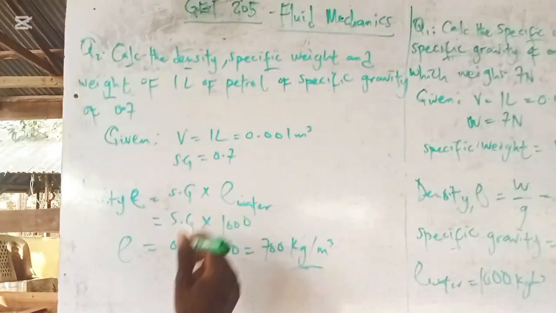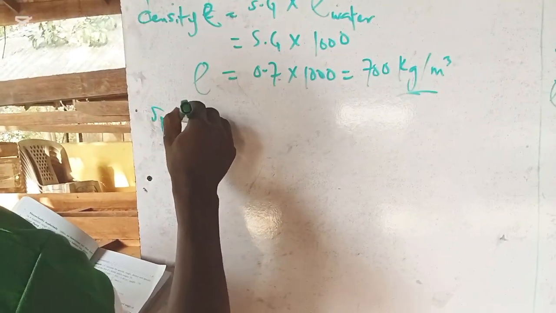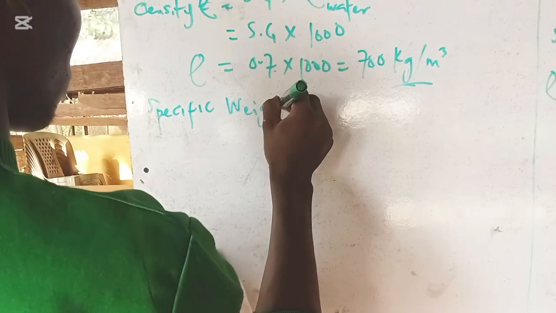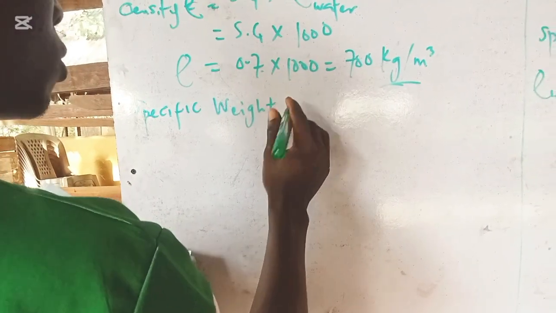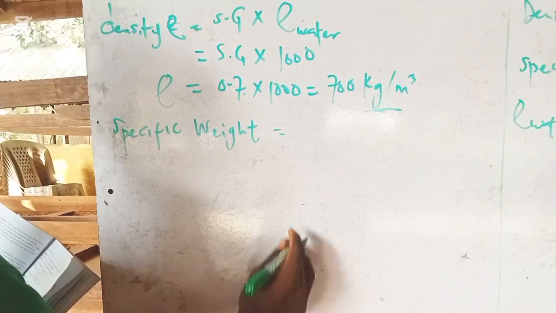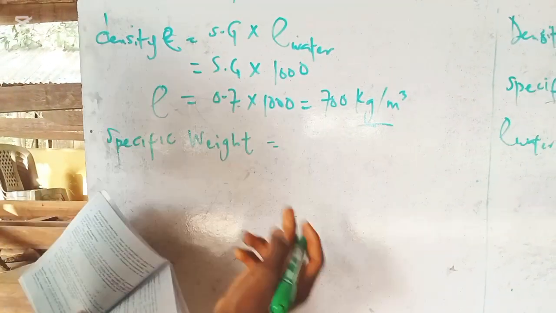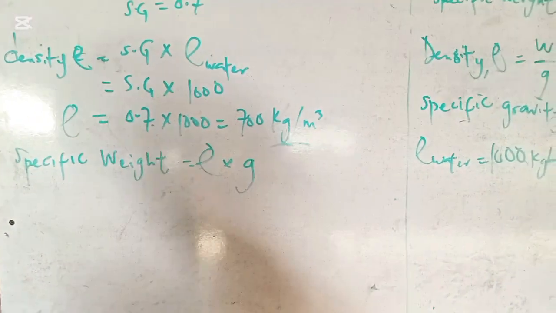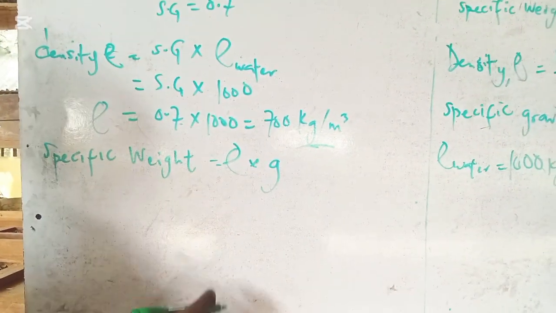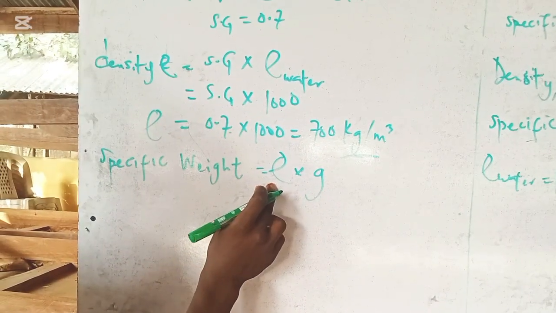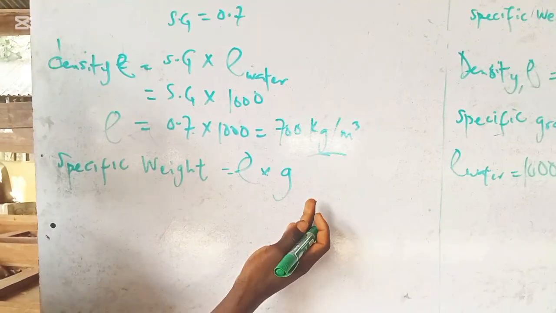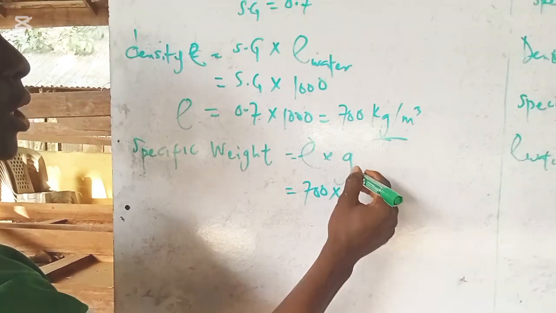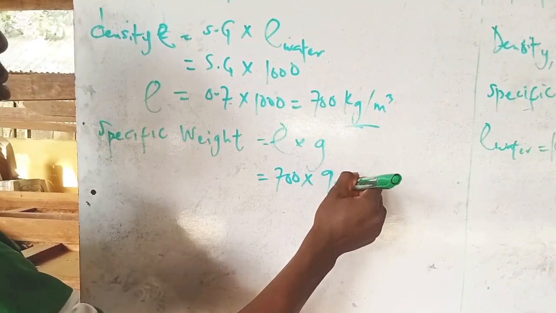So the next one is specific weight. How do you get specific weight? We already have the density and we know our gravity. The specific weight is density multiplied by gravity. So since we know our density to be this and we know our gravity to be 9.81, we say 700 multiplied by 9.81.